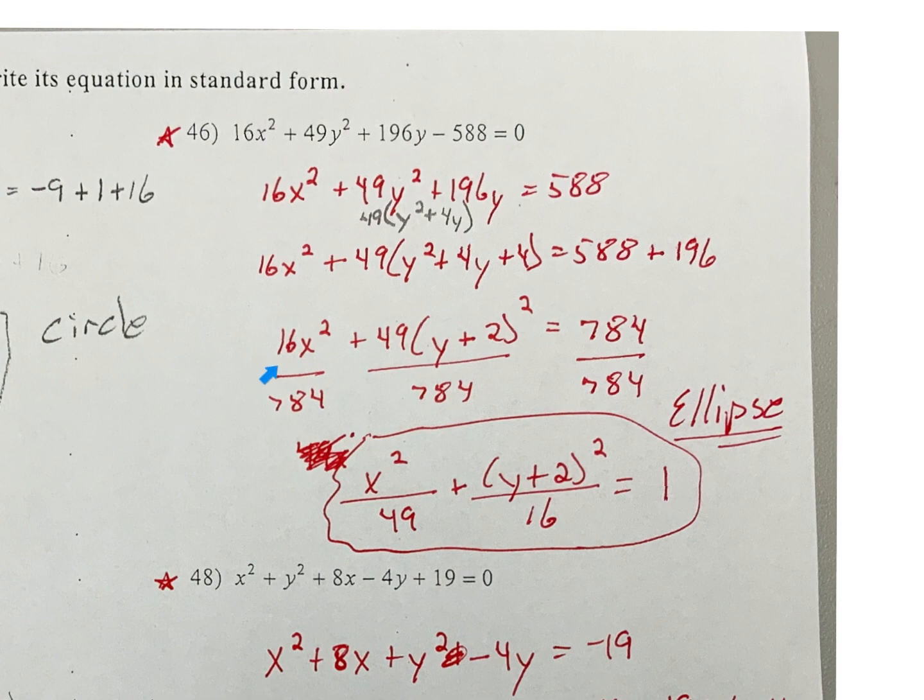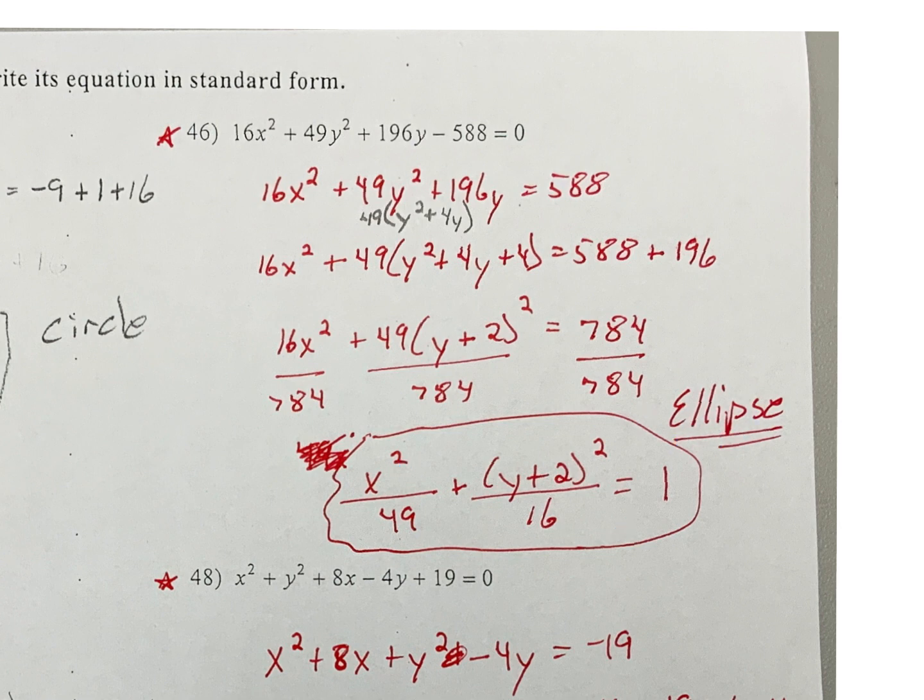And 16 over 784 will simplify. If you divide the numerator and the denominator by 16, you'll get 1 over 49. So x squared over 49 plus, and then 49 over 784 simplifies to 1/16. So that's y plus 2 squared divided by 16 equals 1. And we do have an ellipse.